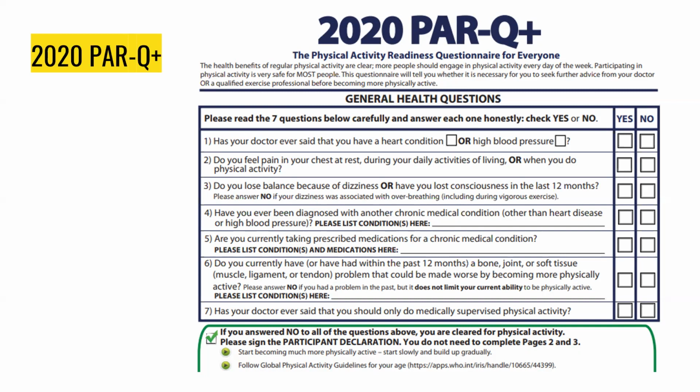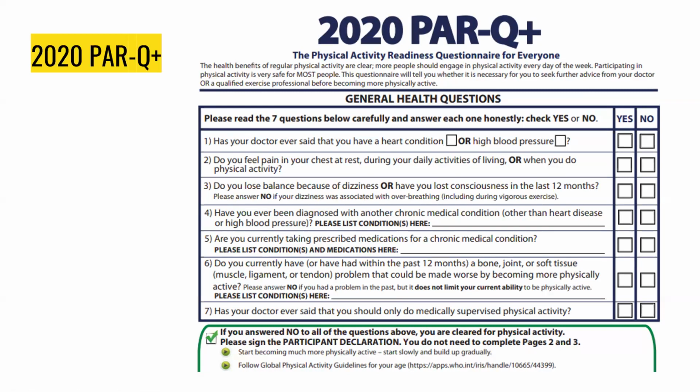As you can see, there are a lot of instructions. So over here at the top, it says, please read the 7 questions below carefully and answer each one honestly. Check yes or no. So the first thing that you've got to do is fill out that box, questions 1 through 7. And if you answer no to all the questions above, you're cleared for physical activity, right?